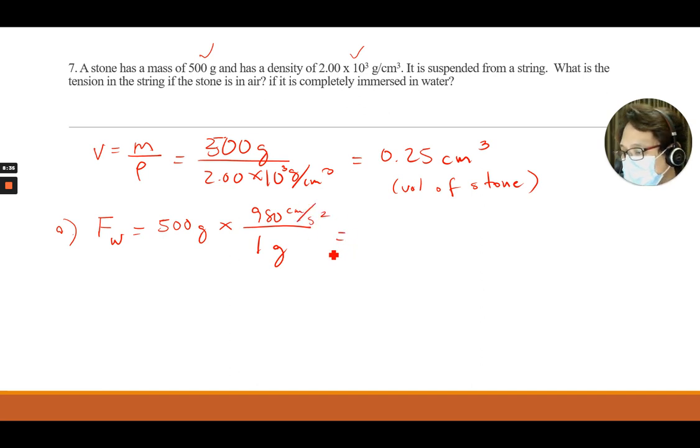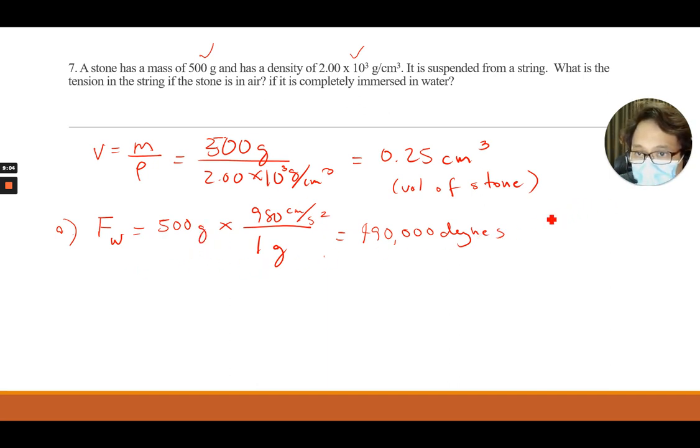Okay, let us compute that. So 500 times 980, you will get 490,000 dynes. Kasi large numbers talaga ang dynes. No? So this would be the tension in the string.